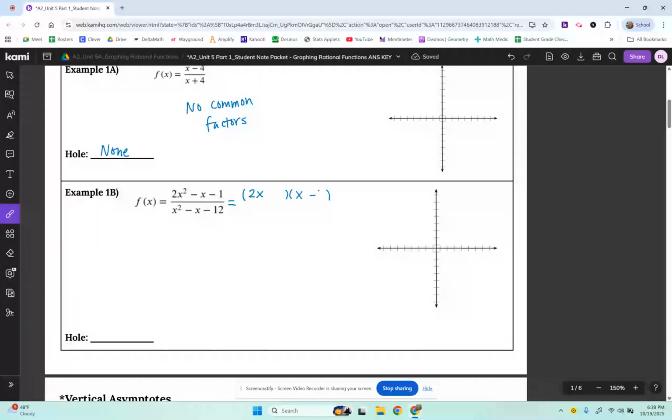So I'm going to put the minus number here so that I get a minus 2x, and then I'm going to put the plus 1 here so that I get a plus 1x. And then when I FOIL, I get a minus x for my b term in the middle. Then we're going to factor the denominator as well. So x squared gets factored into x and x.